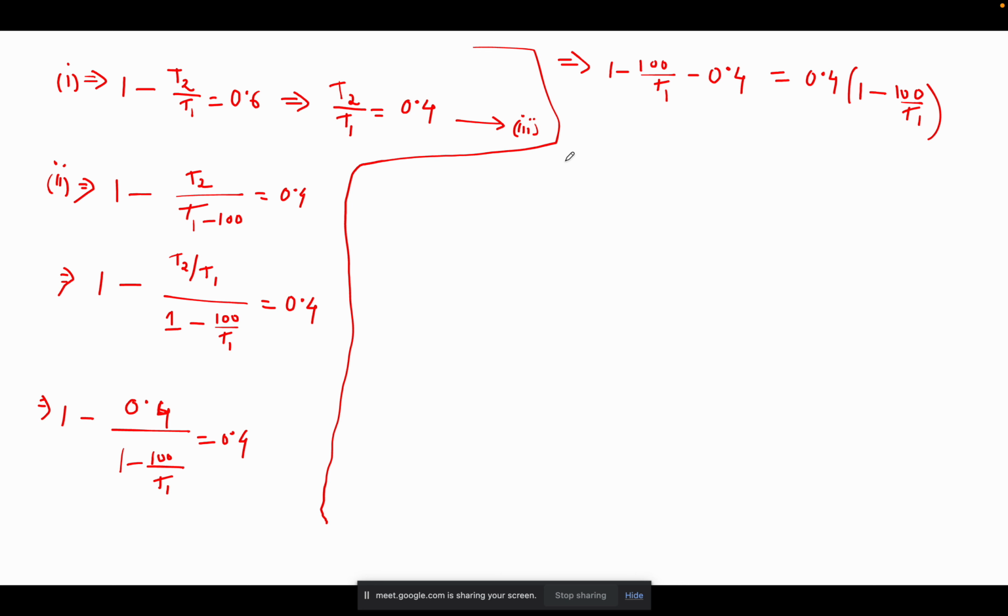Okay, so this one is also 1 minus 100 by T1, this one is also 1 minus 100 by T1. I can take this to this side, so this will be basically 1 minus 0.4 times 1 minus 100 by T1 will be equal to 0.4.